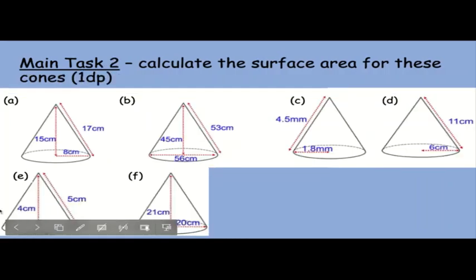Here's our second part now, which is just cones. Again, one decimal place. If you notice E and F, you don't have all the information that you need straight away. Remember, we need the slant height and the radius.